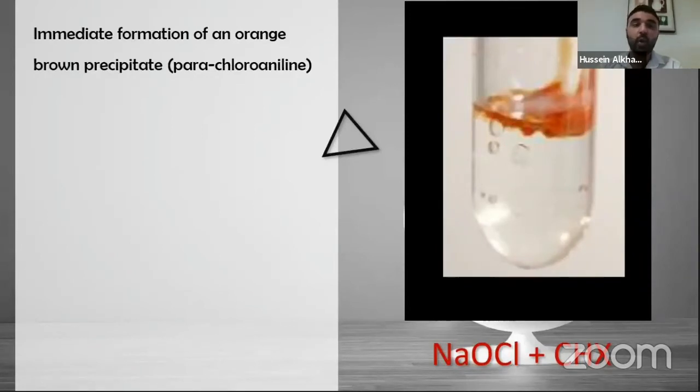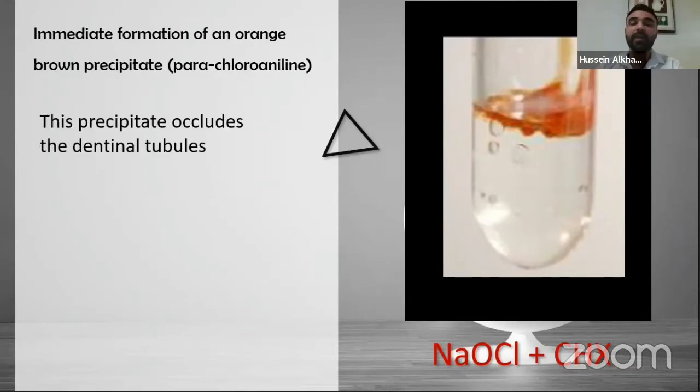This interaction will lead to the immediate formation of an orange-brown precipitate known as parachloroaniline. This precipitate has very detrimental effects such as erosion of the internal tubules, occlusion of these tubules, and it is also highly carcinogenic. And for sure, we don't want to introduce such a material inside the root canal of our patients.